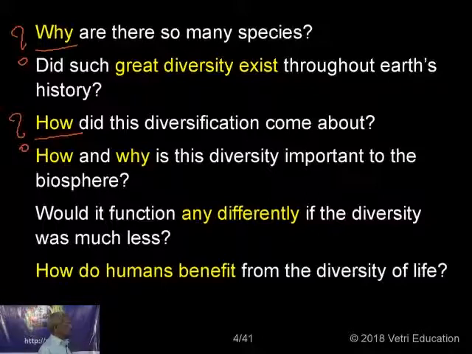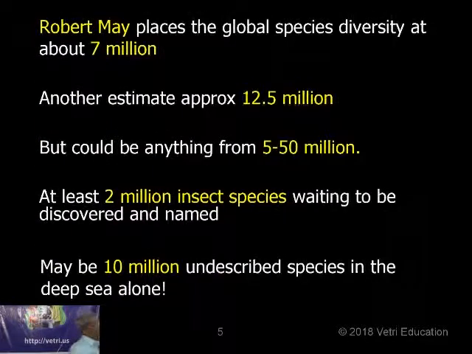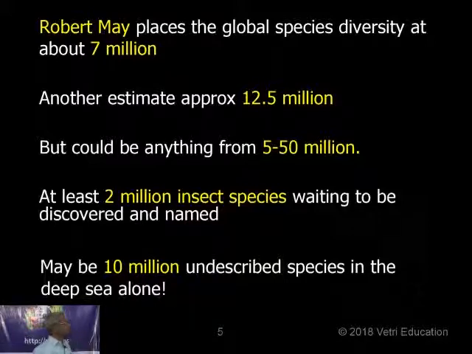Will the deterioration of biodiversity result in the deterioration of human beings? Would it function any differently if the diversity was so much less? How do humans benefit from this diversity, or how harmful is it to them when there is no diversity? These are some of the very, very interesting questions in biodiversity. Perhaps we may be able to answer some of them in the course of my lecture.